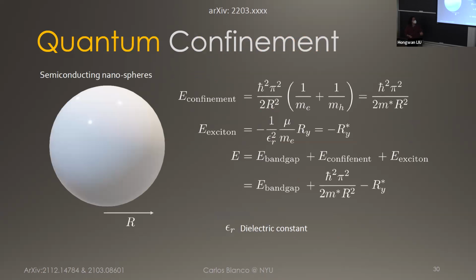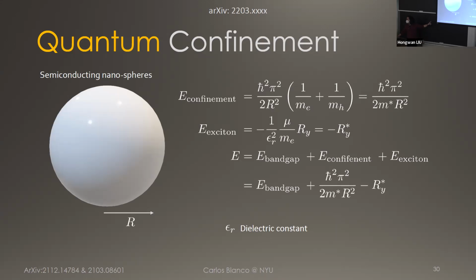So the energy of confinement, which is the energy of what the electrons see on long wavelengths, is just the particle in a sphere solution. They also have interactions, the exciton energy that serves to stabilize these states. So the total energy of creating these particle pairs just becomes the band gap, modified by the confinement energy and the exciton energy.